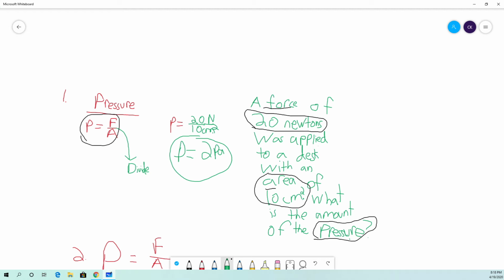So, recap. I looked for my unknown. I then picked the equation to use. I then found my knowns and plugged them in where they went. Then I calculated and got my answer, and I made sure to include the unit. If you want to write pascals out instead of writing PA, that's fine too.